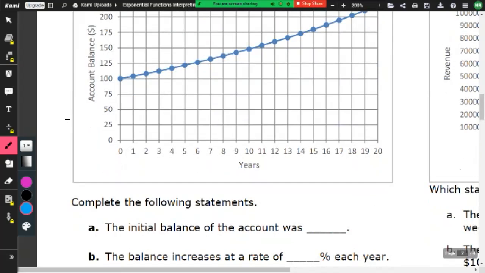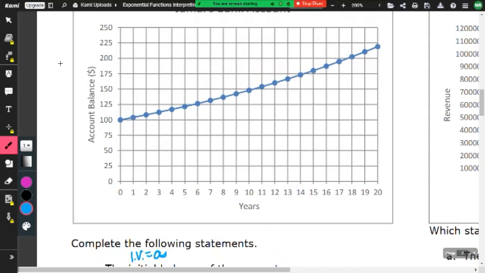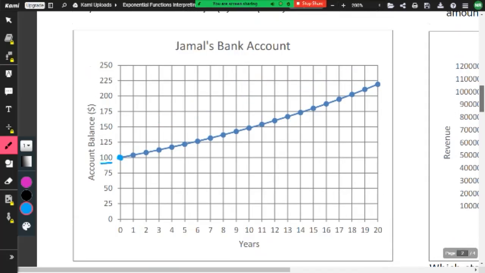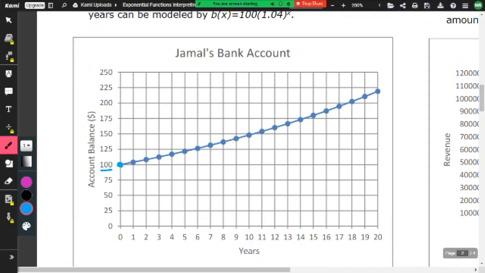The initial balance, initial value. Initial value is what variable? A, variable. Listen to the question, variable, A. Now, sometimes you can tell just by looking at the graph that this point starts at the number 100, but where else can I find it? Where else can I find that 100 in my word problem? Please do not pick up the calculator.